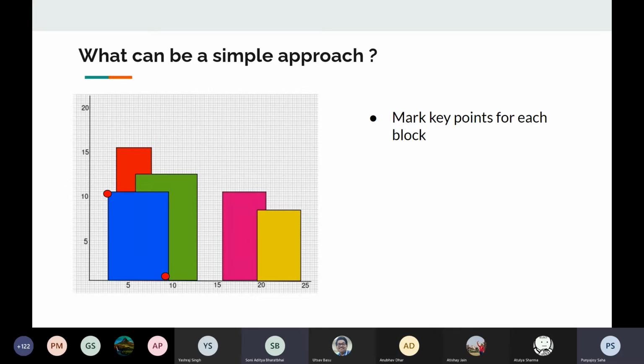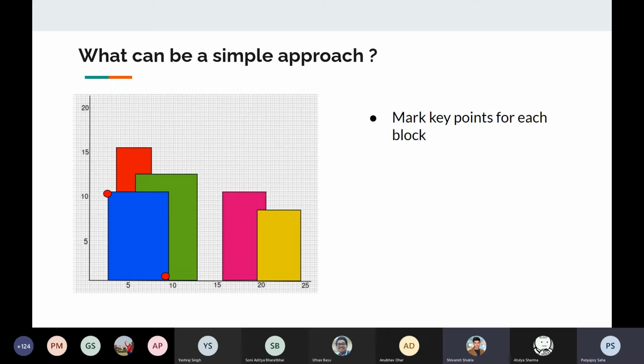Sir, we sort first with respect to x coordinate because we have to start from the leftmost side. Okay, you can sort then. Then we can move in terms of height, in increasing order of height.